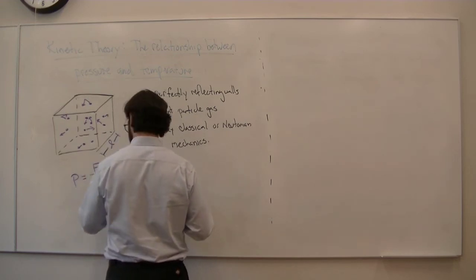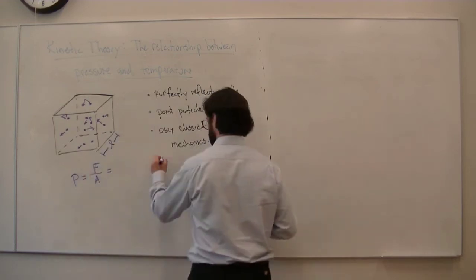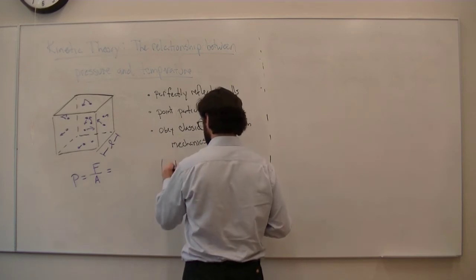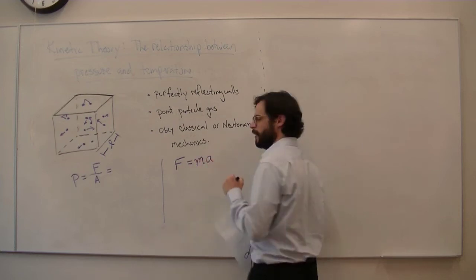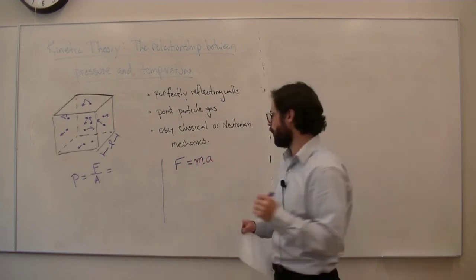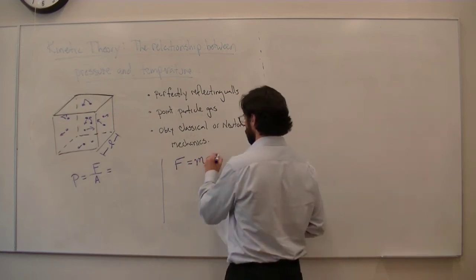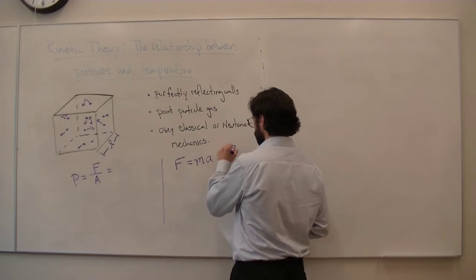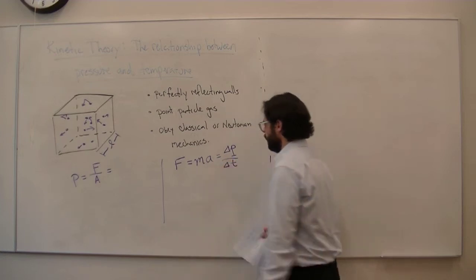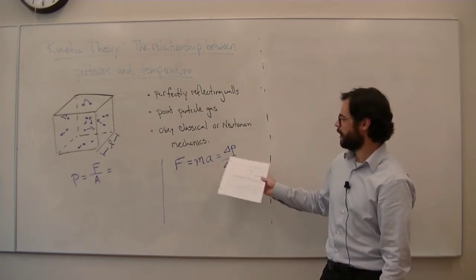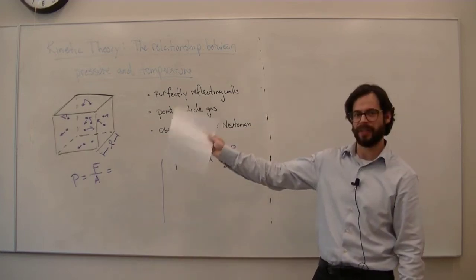First thing I want to do is talk about force itself. You're used to seeing force as ma. There's a nicer way of expressing it in this particular case as delta p over delta t. It's nicer because thinking about momentum and reflection is really easy.